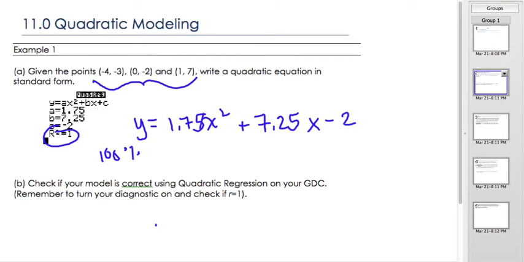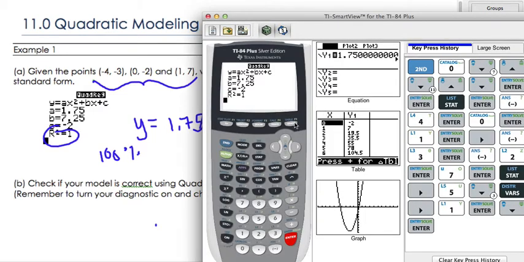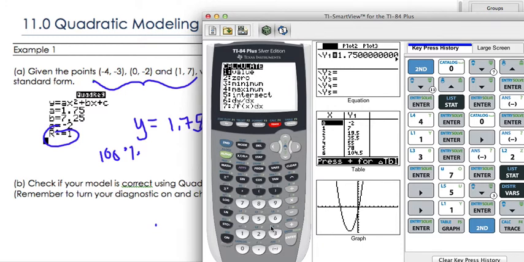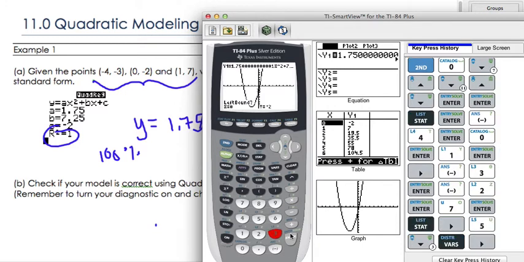And if we look back at our graphing calculator, we can hit graph, and our quadratic equation is stored here. If we wanted to find out what our vertex is, we could go to second calc up here, and we could find our minimum point, 3. Our left bound, I'm going to say -5.